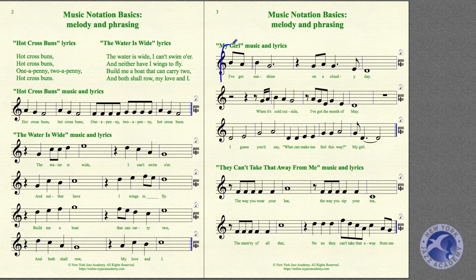On My Girl, you're not going to count the pickup measure. You're going to start on beat 1 of the first measure, on sunshine, sun being emphasized. And if you look here, you've got measure 1, measure 2, it's another set of numbers here, delineating this pattern, measure 3, measure 4. Now I understand that measure 4 is mostly rests for the melody, but the music underneath is still continuing.